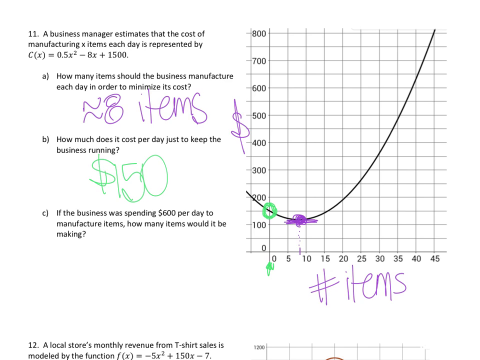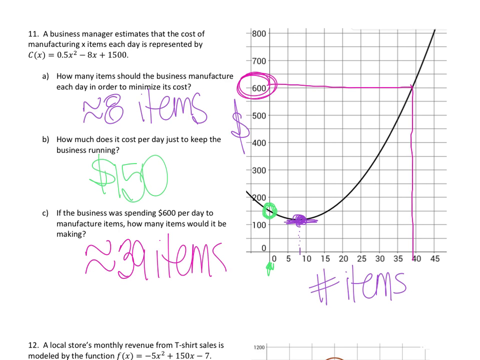And then if the business was spending $600 per day, so we're up here now, how many items would it be making? I'm just going to follow that across, and then I'm going to bring it down. And it looks like, I don't know, maybe around 38 or 39. Okay.